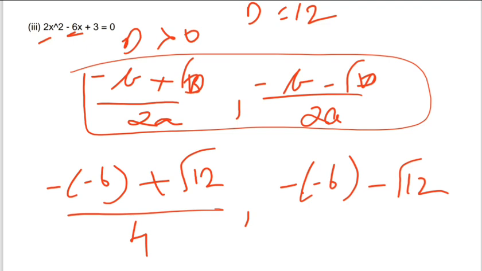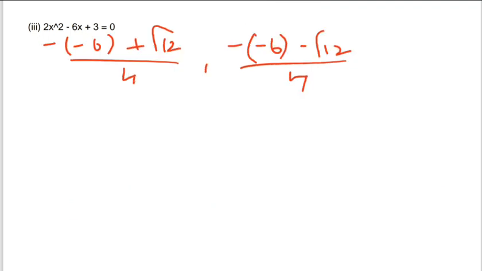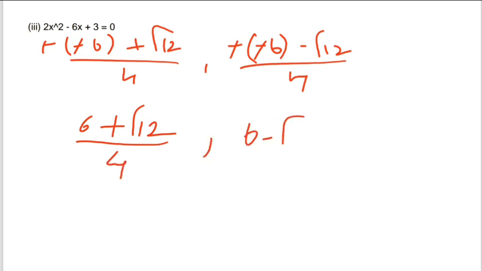12 by 4. Okay, so we can simply cancel minus and minus sign. So 6 plus root 12 by 4, and 6 minus root 12 by 4. We can leave it as it is, or we can simplify further.